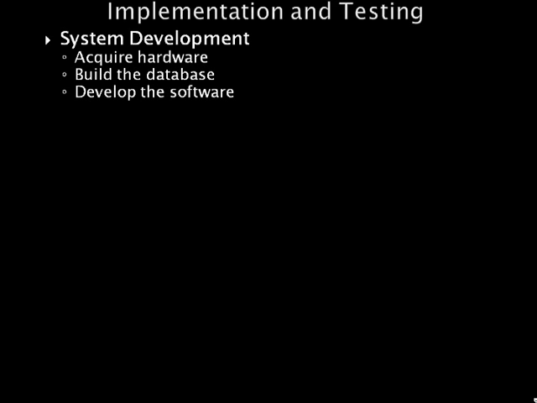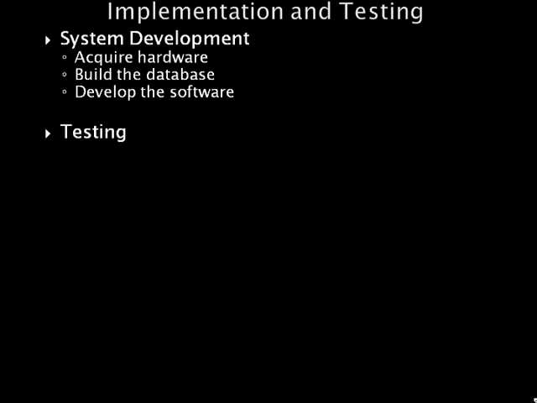The major activities carried out during this phase are: acquire the hardware, that is, personal computers and other peripherals, including printers. Build the database, if the system requires one. And develop the software, that is, coding and testing. Testing. Once the code is generated, the program testing begins.